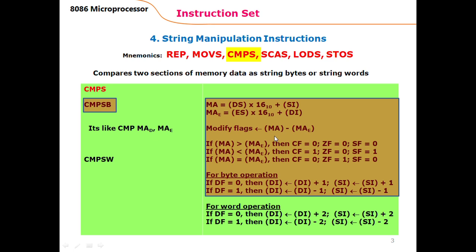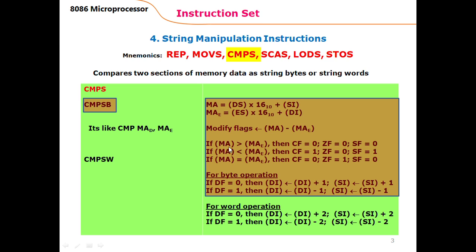This comparison is just like comparing the byte at the data segment with the byte at the extra segment. So this is a kind of MAD minus MAE, and the result is not stored anywhere, just some flags are modified. And the flags are modified as the following.